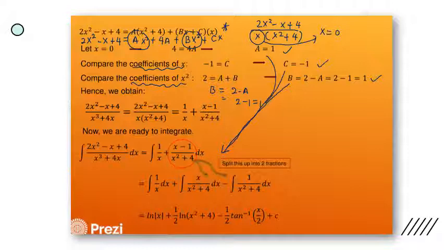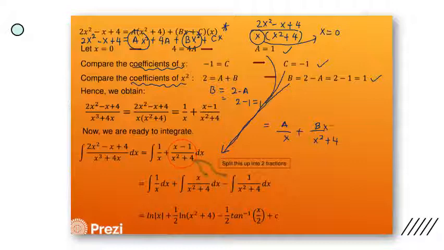The partial fraction is A over x plus Bx plus C over x squared plus 4.